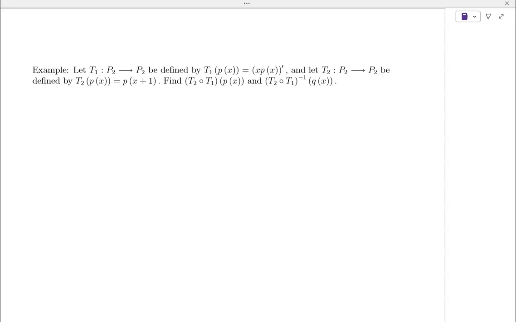So we've got T1 does the derivative of the product of x with p of x, and then T2 takes p of x and translates it left 1 unit. That's what p of x plus 1 does, right? Graphically, we'll just shift everything to the left 1 unit, right? Okay. All right, so this one says, let's see if we can find the derivative of x times p of x.